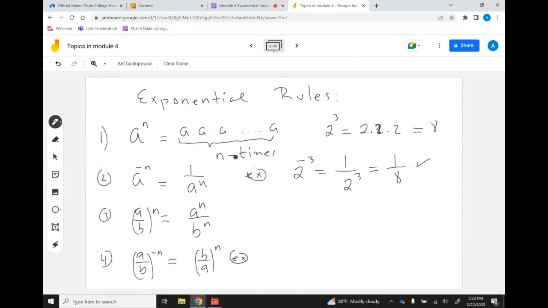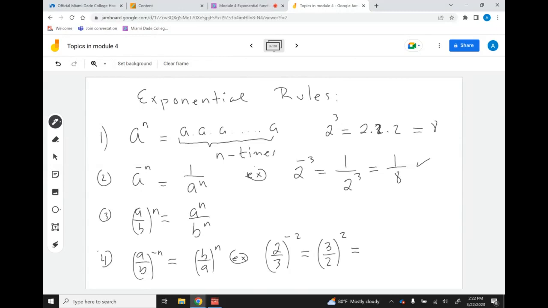Here's an example of one. Let's say you have 2/3 raised to the negative 2. What does that mean? Well, it means that now you're going to flip the fraction, the reciprocal, 3/2, raised to the power of 2.